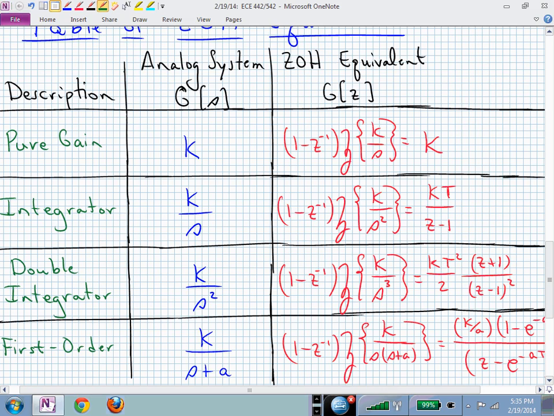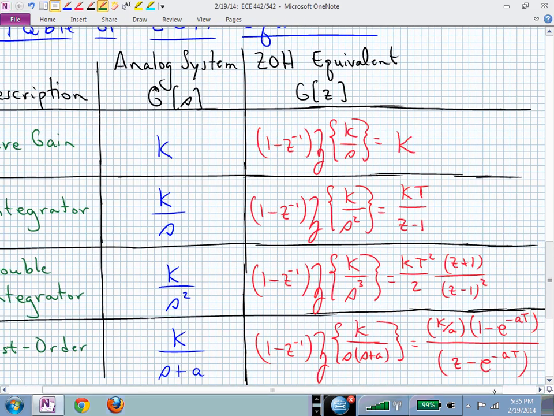Again, these notes are available, so I'm going to continue on beyond this and maybe not give you time to copy that down, but you can create your table or give yourself space in your notes and then copy that down later. One thing to be clear on is we are not directly z-transforming K over S squared. We're taking the zero order hold equivalent, meaning we are preceding these G of S's with this zero order hold and then deriving the transfer function associated with that.